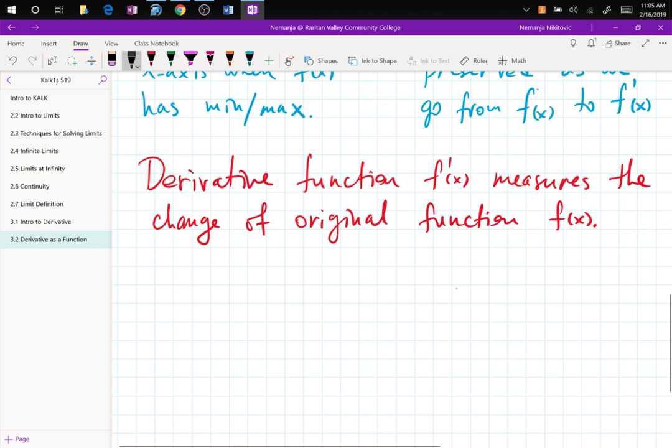So now the question is, can you draw the derivative looking at the function without having the formulas? Can you look at the graph of a function and draw the derivative? So say, let's come up with something.